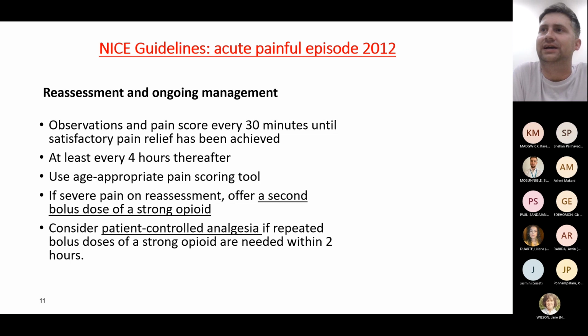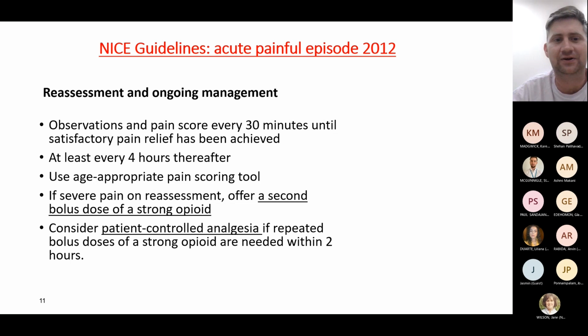So we have the smiley faces, obviously not the most accurate, but it's what we can do for children because they understand emotion. We can also use different coloured symbols for little tiny ones. We can use the FLACC score where we look at how they're reacting to stimuli. But generally in adults and teenagers, the number method is pretty good.